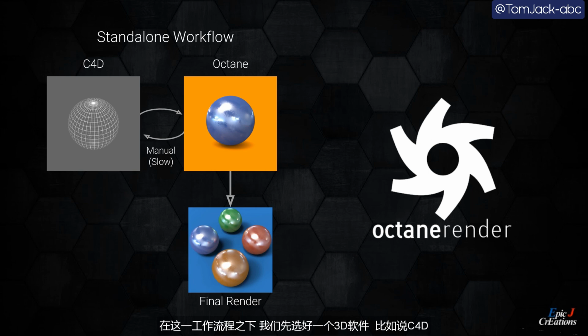With this workflow, you start in your 3D application of choice, such as Cinema 4D, for example, here, and you create your raw geometry. Say, for example, we have this sphere here. You then take this geometry and export it out of your 3D application and import it into Octane Render standalone. You then process that geometry and you have your final render.